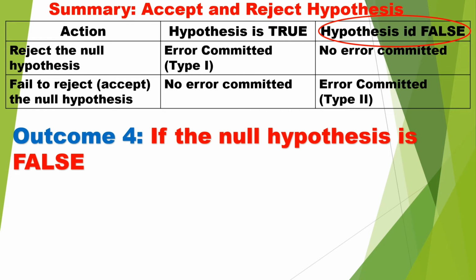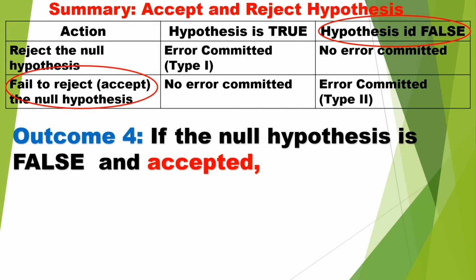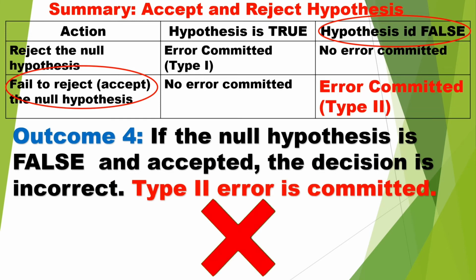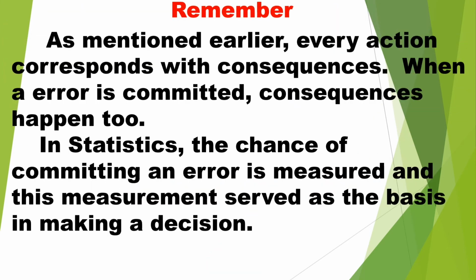Outcome number 4. If the null hypothesis is false and accepted, the decision is incorrect, a type 2 error is committed. Again, please remember this. As mentioned earlier, every action corresponds with consequences. When an error is committed, consequences happen too.